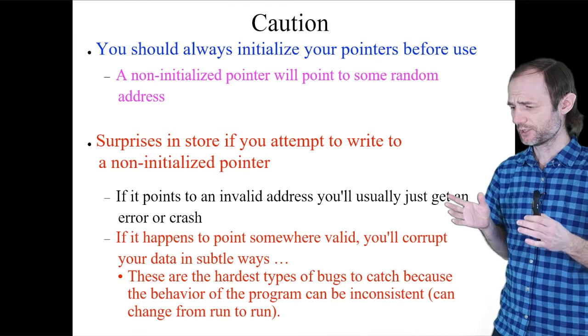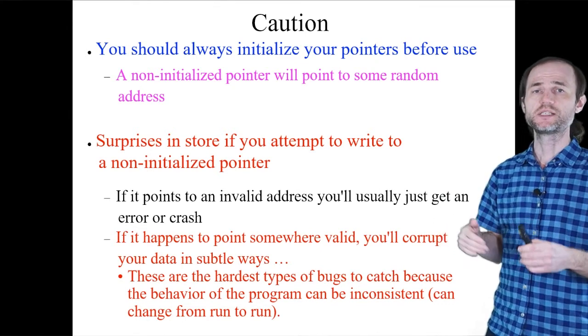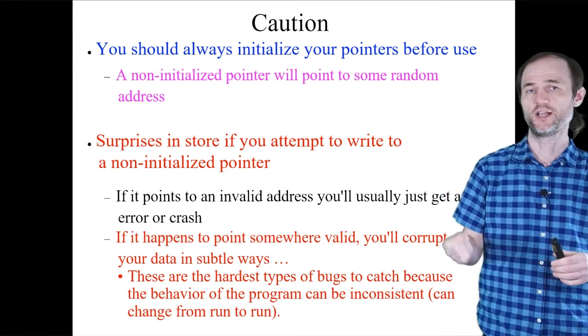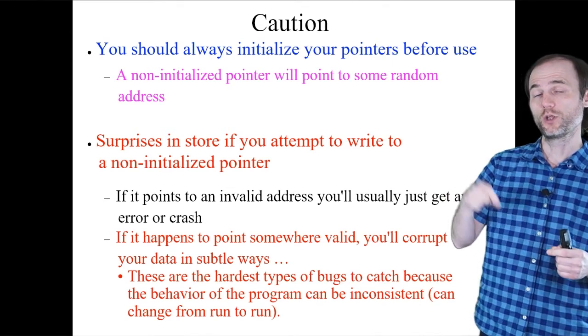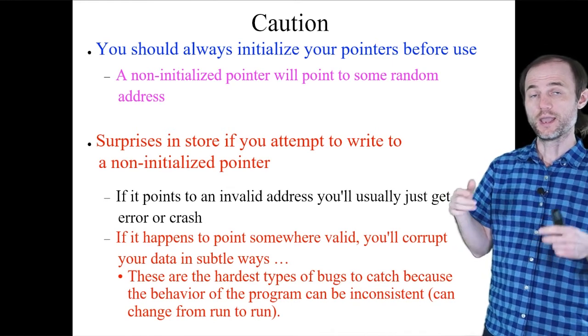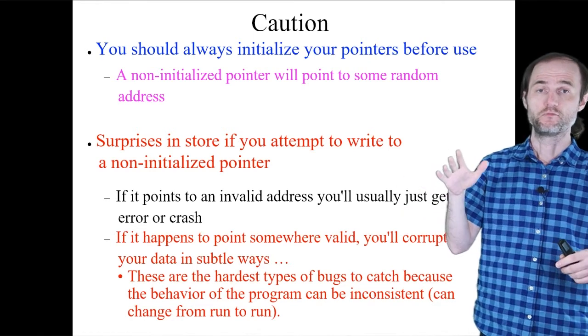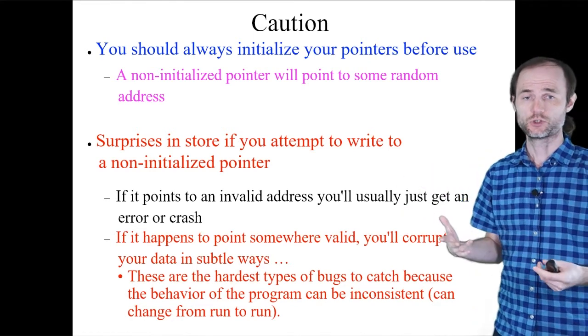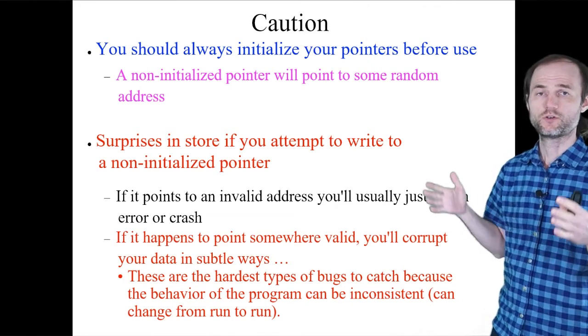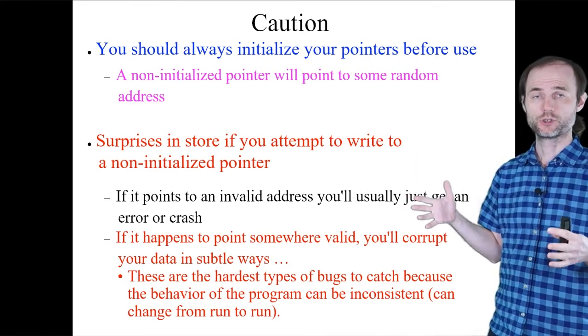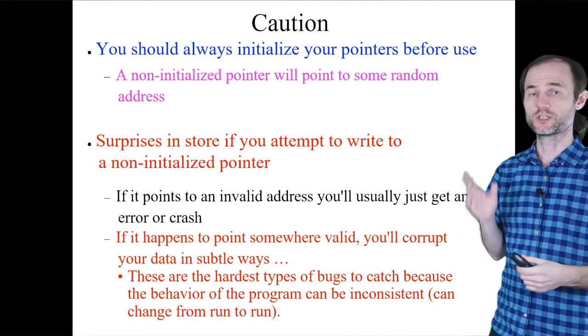That might sound bad, but even worse is if the pointer is pointing somewhere valid. Then what can happen is that you will unwittingly modify other variables that you didn't intend to. That can happen if you step outside of the defined memory bounds of the pointer, so you get an out of bounds error, as we discussed.